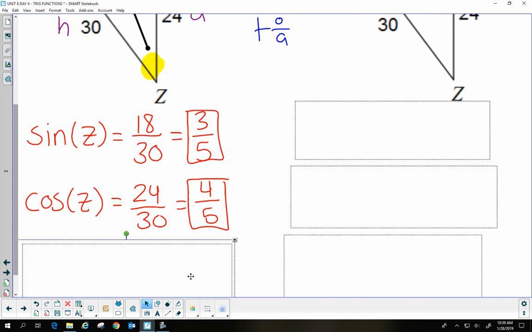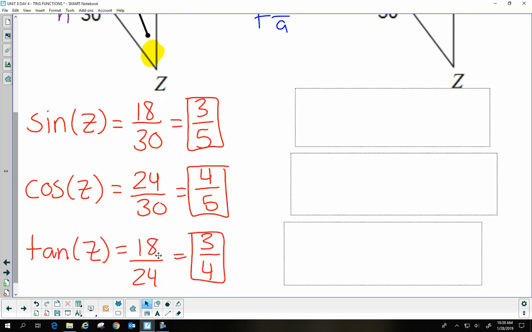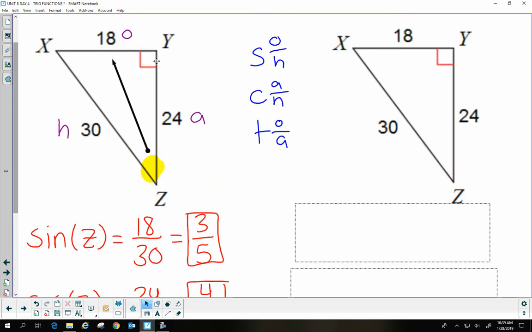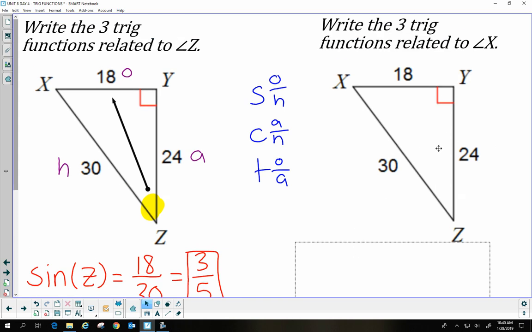And then the tangent of z is the opposite side 18 divided by the adjacent side 24, and that simplifies to be 3 over 4. So if you label your O, A, and H, you're just plugging in the numbers next to them into the relationships and simplifying. In this one, I want to write the three functions as they relate to x.